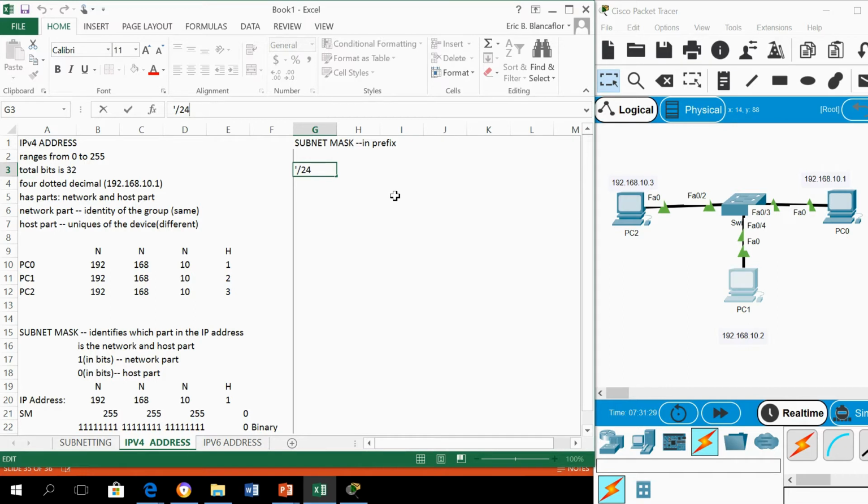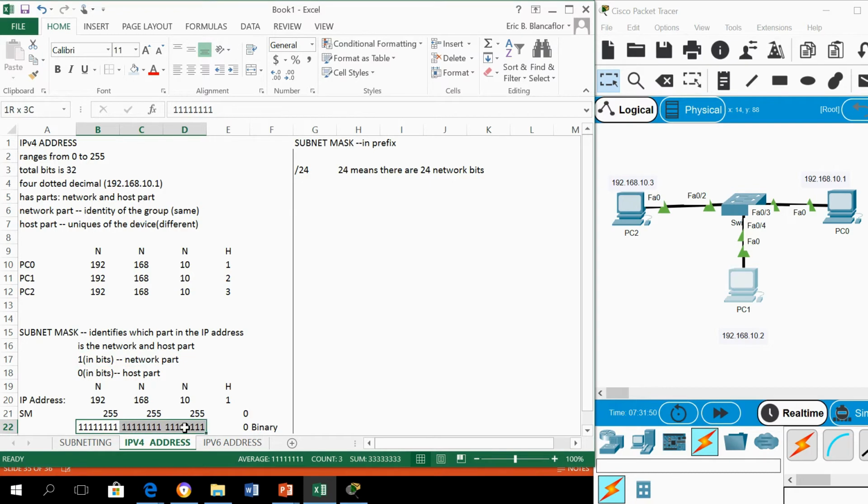The 24 means there are 24 network bits. Okay, there are 24 network bits. Like this one, right? We have 8 ones here. These are our network bits, network parts. So 8, 16, 24.